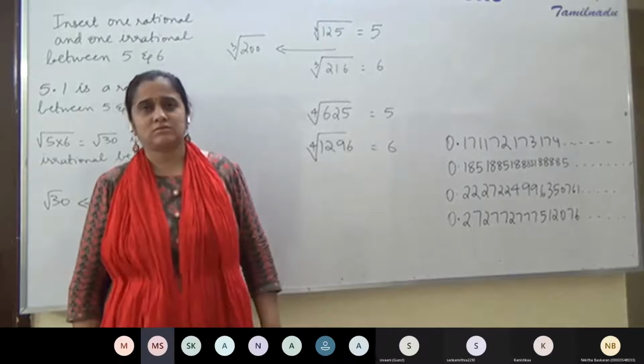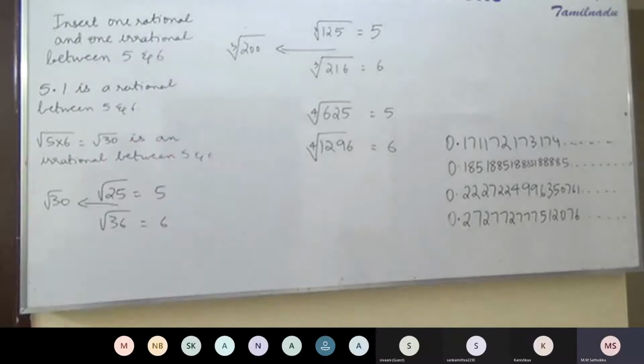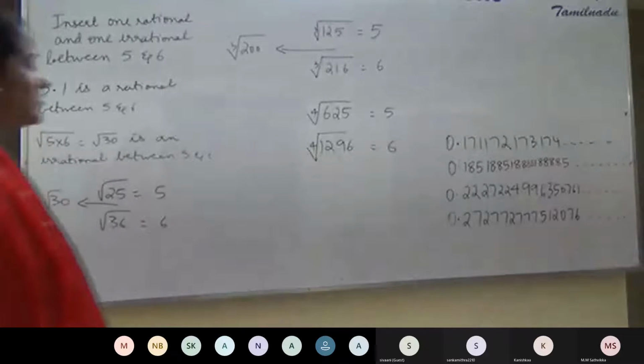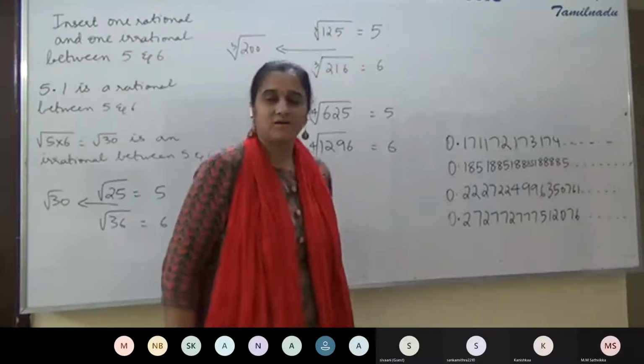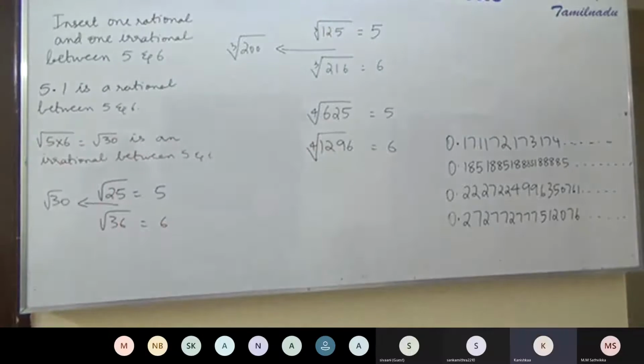Fourth root of 729. Fourth root of 723. Fourth root of 926.